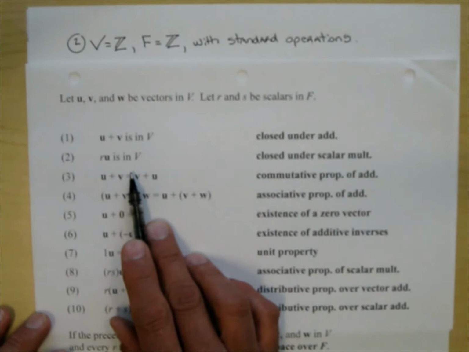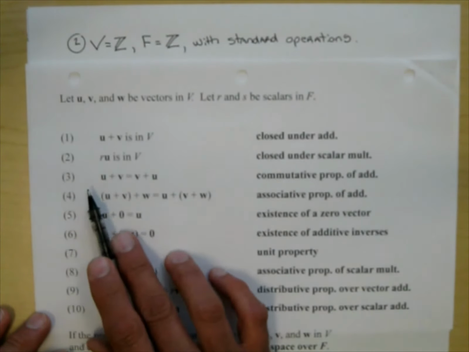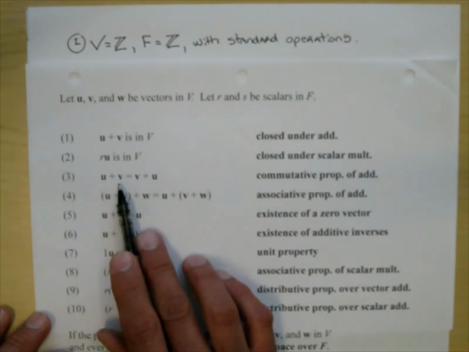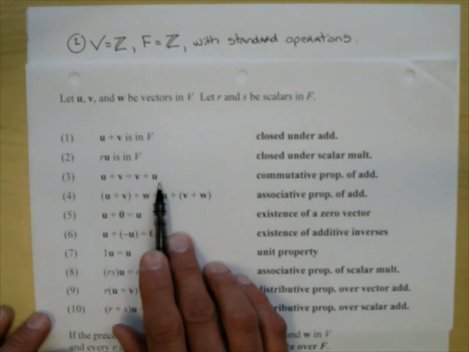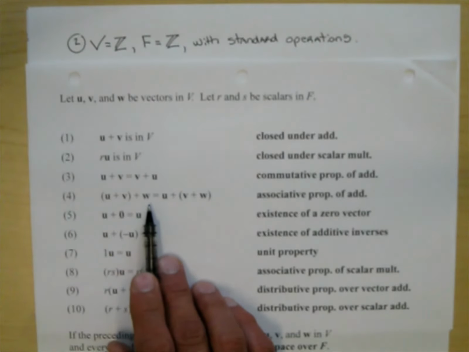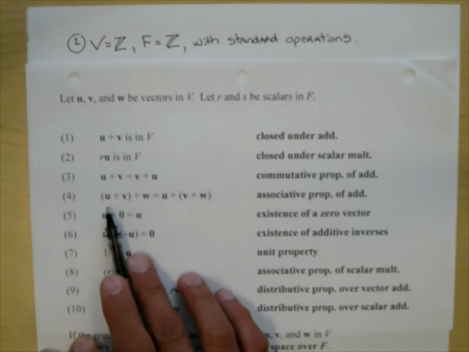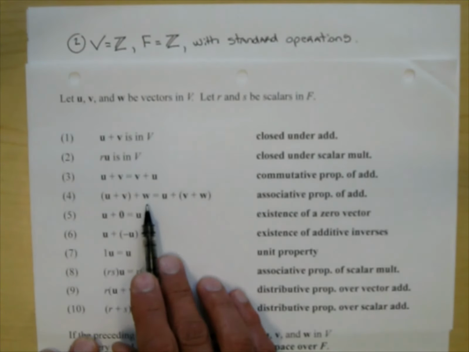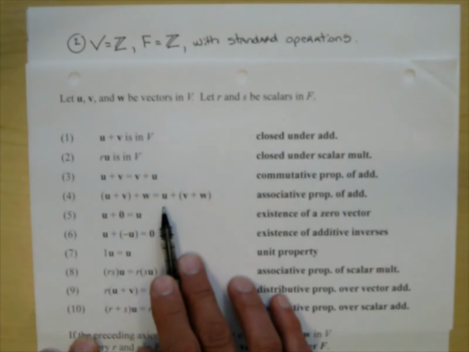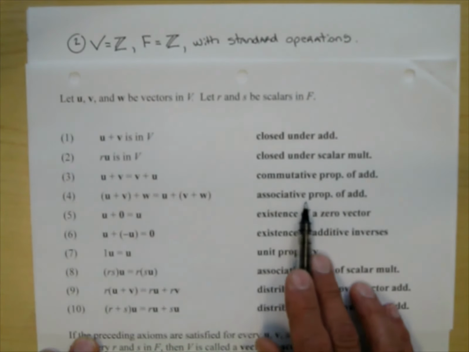Axiom 2 is satisfied. Okay. If I take two integers and add them this way, u plus v, does it equal v plus u? And the answer is yes, because we have the commutative property of addition for integers. And if I have 3 integers and add the first 2 together and then add it to the third one, or add the last 2 together and add it to the first one, do I get the same thing? And the answer is yes.